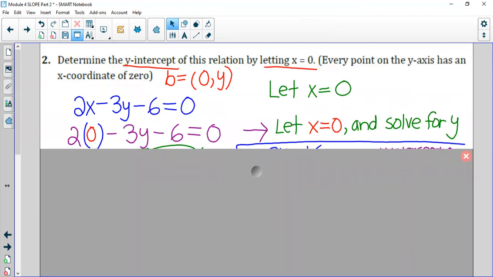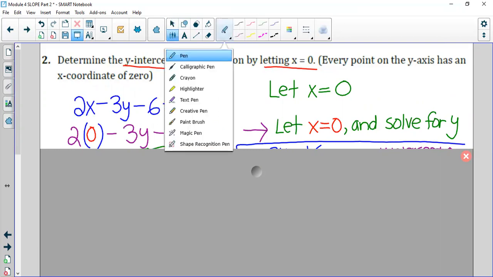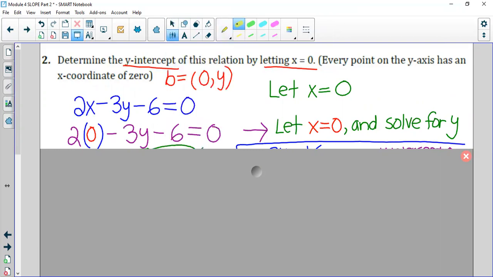So instead of 2x minus 3y minus 6, I'm substituting my x value to be 0, let x equal 0 and solve for y. So I'm substituting 0 into the equation.